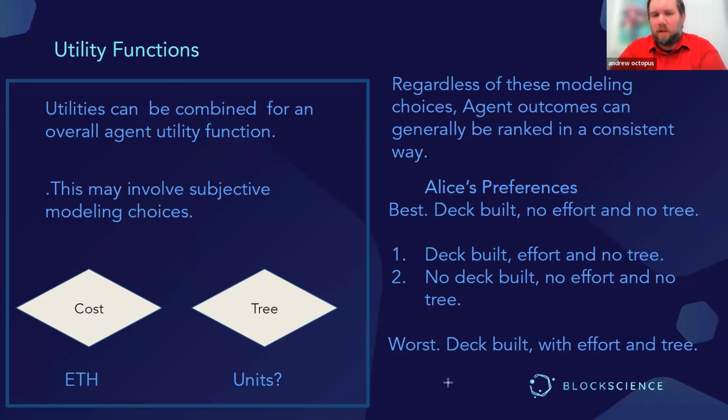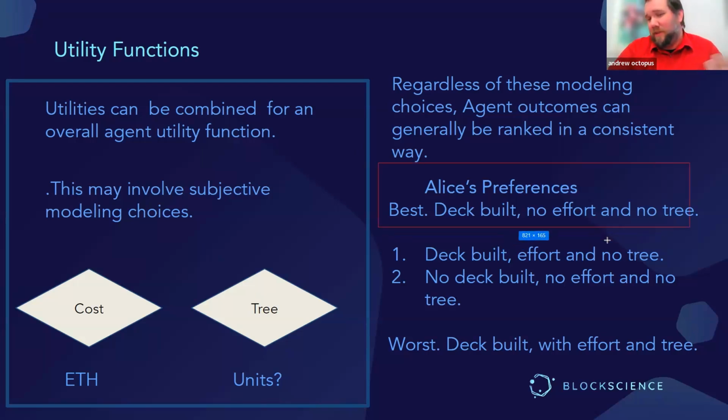One thing that Dr. Shorish pointed out to me was that this is a common situation in economics. So rather than just assigning an ETH cost to the value of the tree and then adding that to the ETH cost of the doctor, you can still look at qualitative rankings that are likely to be consistent. So even without assigning the numbers, we know what Alice would most prefer. Alice's best outcome would be if the tree just dies.